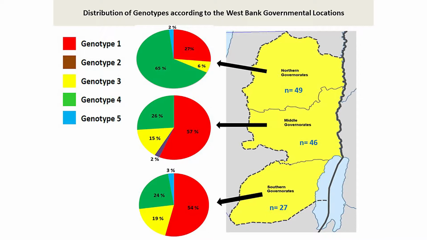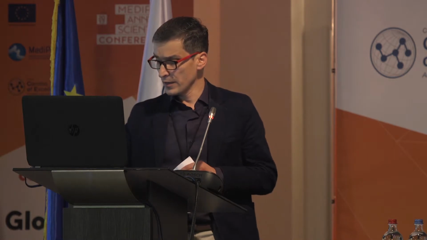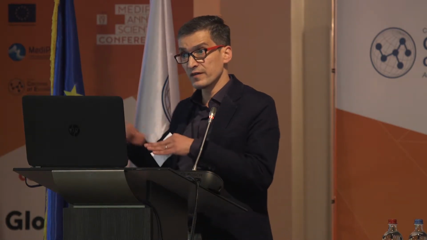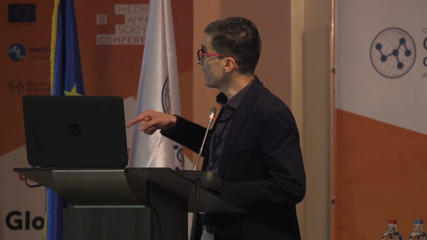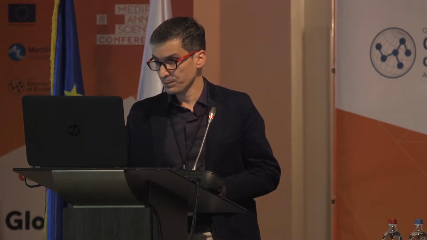To simplify this, we divided the West Bank districts into 3 major locations: the northern, the middle, and the southern geographical regions. We determined the distribution of HCV genotypes among these 3 major locations, and as you will see, the 3 prevalent genotypes are distributed among these 3 different locations in somewhat different proportions.